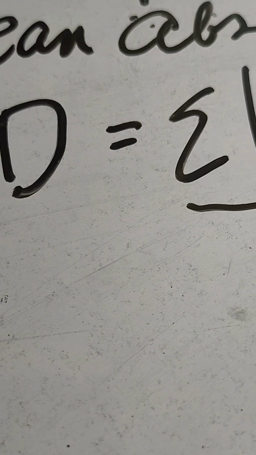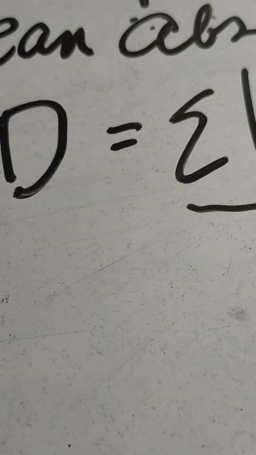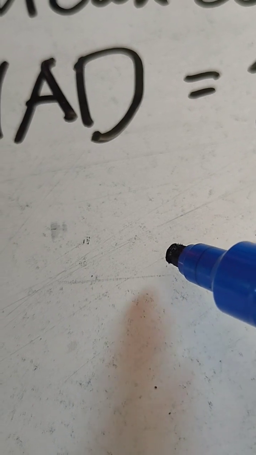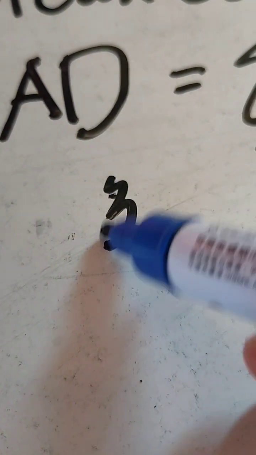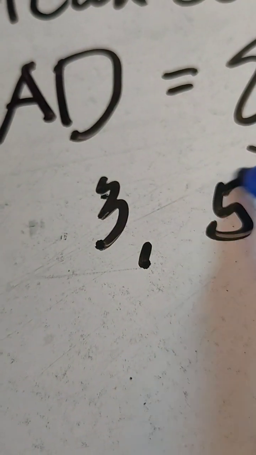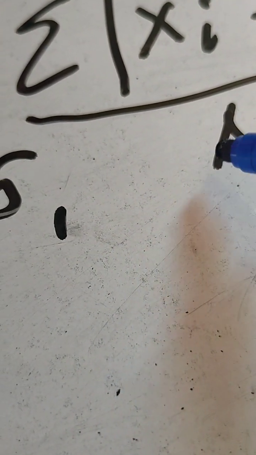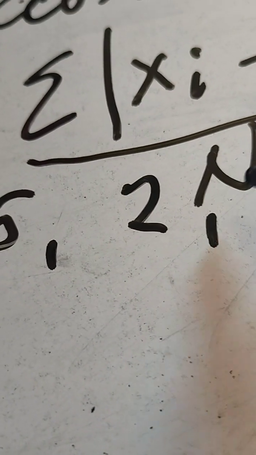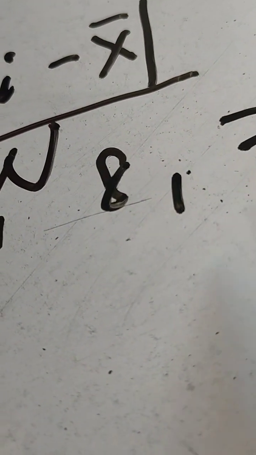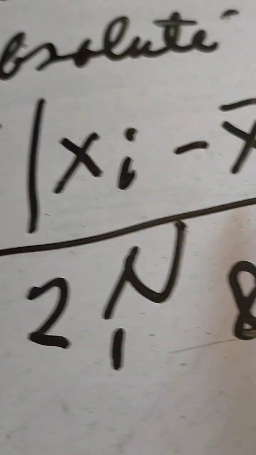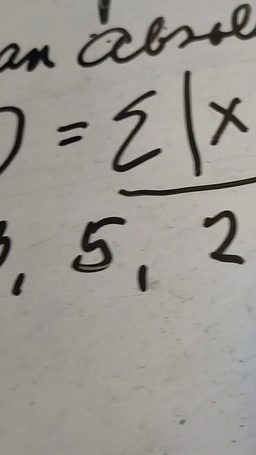Let us try to consider the following scores of students in a given exam. So there are 3, 5, then 2, then 8, and 7. So what are we going to do first with this data? We're going to get the mean because it's needed.